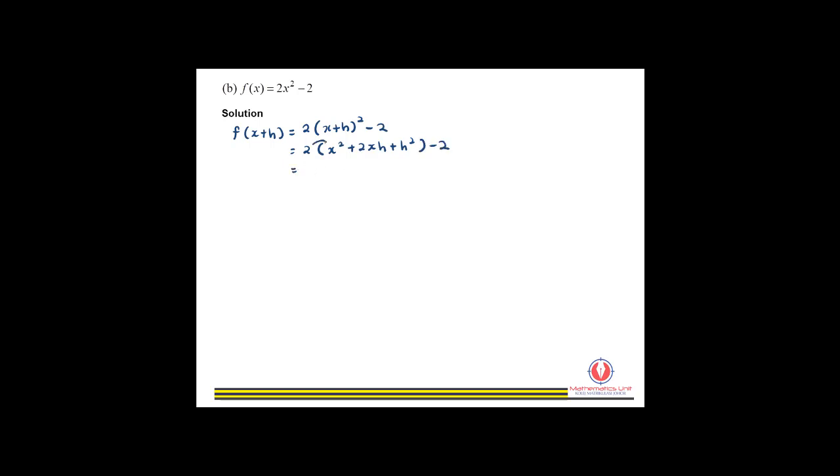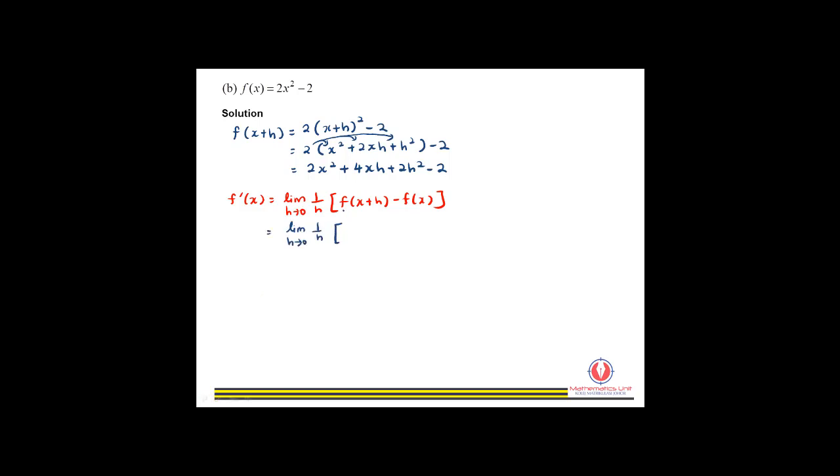Then we will expand, we'll get 2x squared plus 4xh plus 2h squared minus 2. Substitute into the formula. So f prime x equal to limit 1 over h of f x plus h minus f x as h approaches 0.